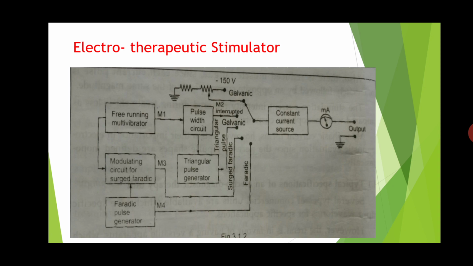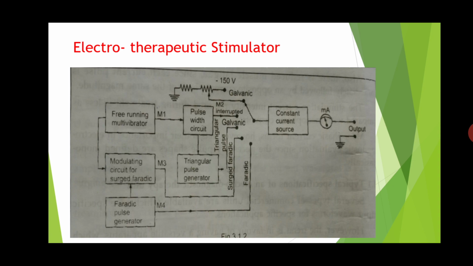Another astable multivibrator produces short duration pulses called Faradic current. This Faradic pulse generator generates the Faradic pulses, and it is nothing but another astable multivibrator.